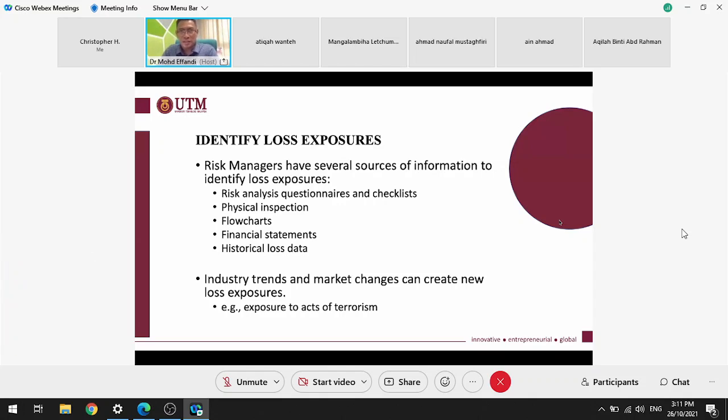You need to get a clearance, especially in Malaysia. So far in UTM, I don't think that we have that.